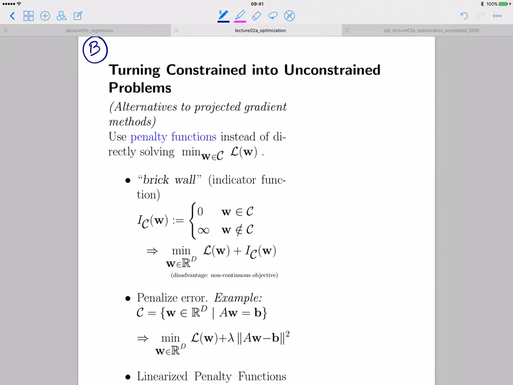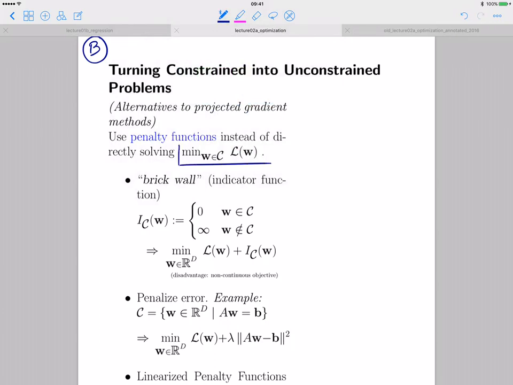So this is really a second type of thing you can do, and let me give you an example. Here is the constrained problem again, which we had.